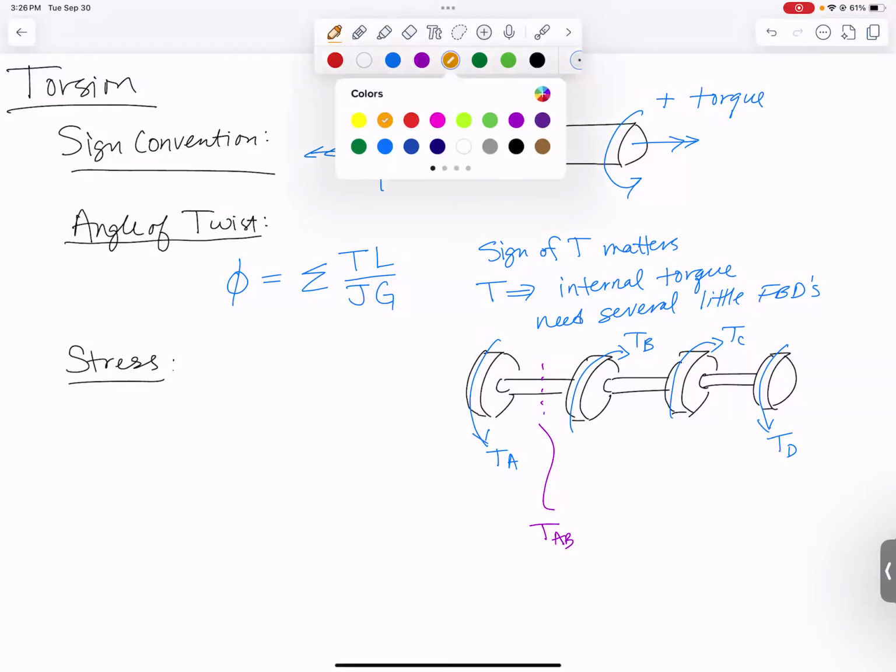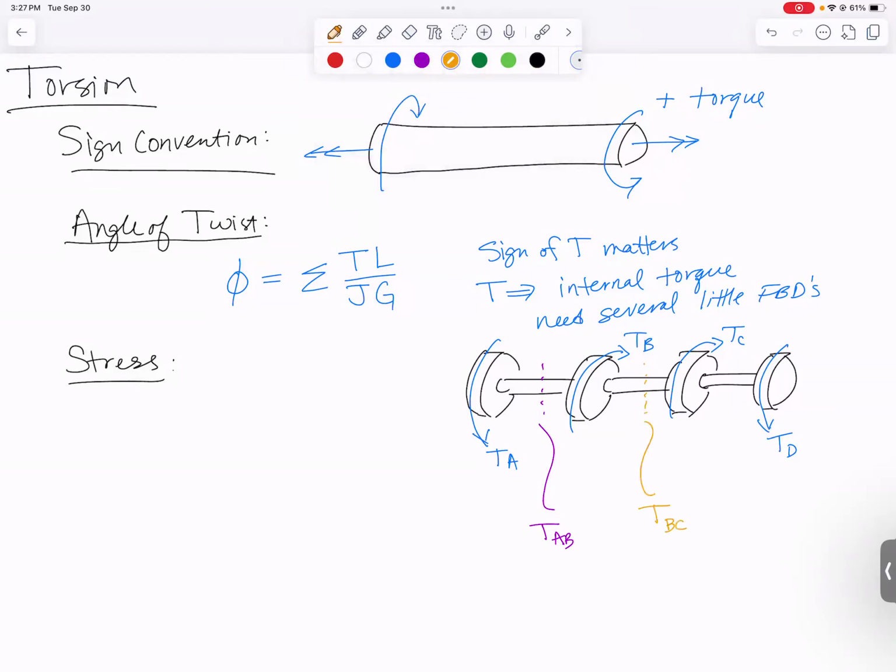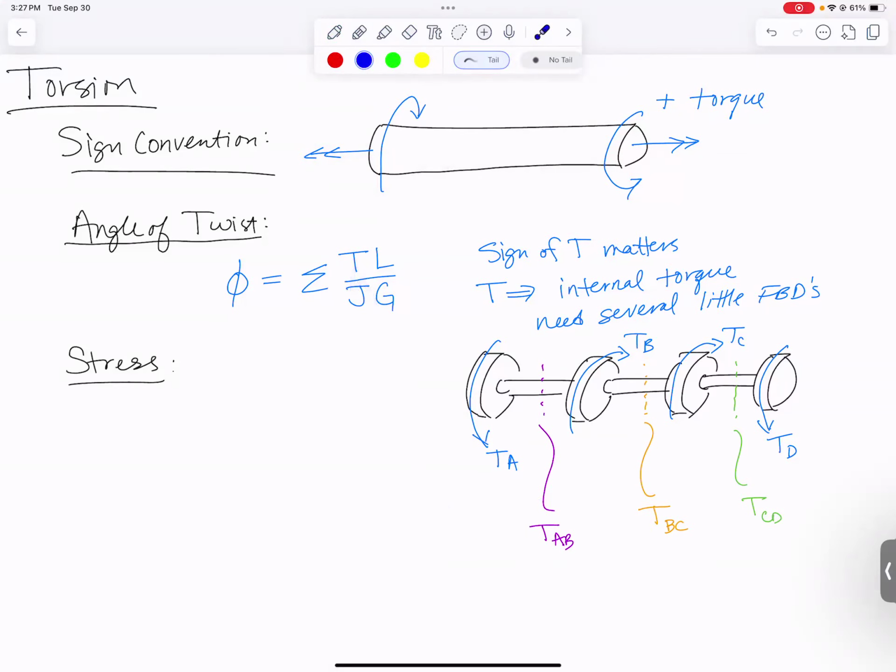I want to do a separate free body diagram cut between B and C to find the internal torque between B and C. And finally, do a cut in between C and D and find the torque in between C and D. Those are the three torques you would use in your equation over here to find the total angle of twist of a shaft like this.